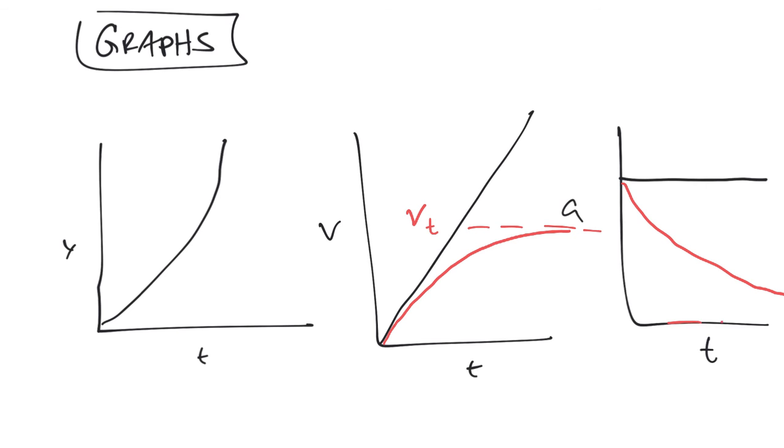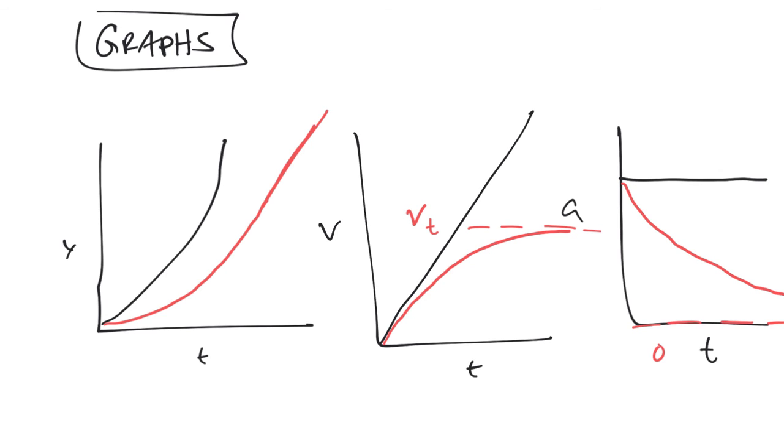And then our y position, assuming down is positive, starts off more parabolic, but ends up being a more straight line. So that's what those graphs look like. You should be able to sketch them or recognize them when you see them, but you don't really need to find the specific equations for each.